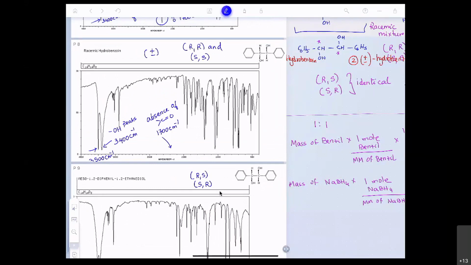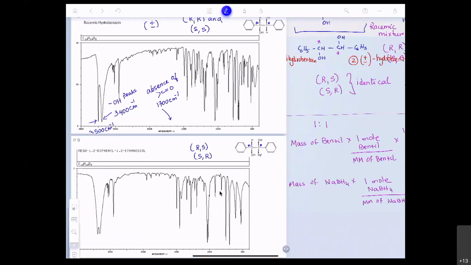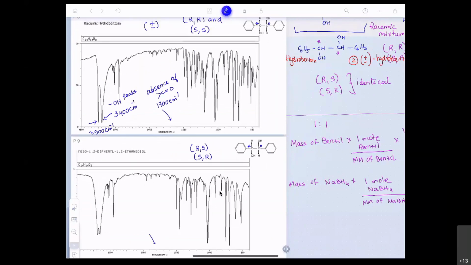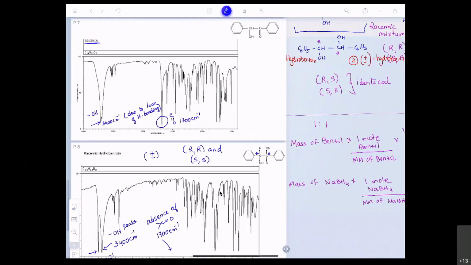Your stereogenic centers, carbons are right here. So again, 1700, absence of carbonyl, hydroxyl peaks. So these IRs will help you, and you can certainly attach them.